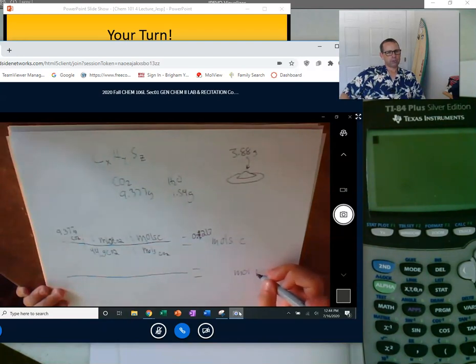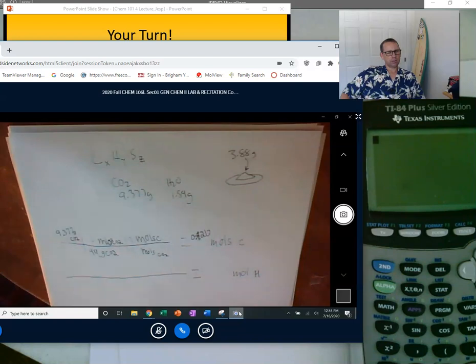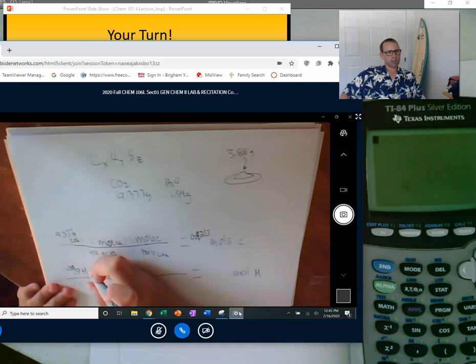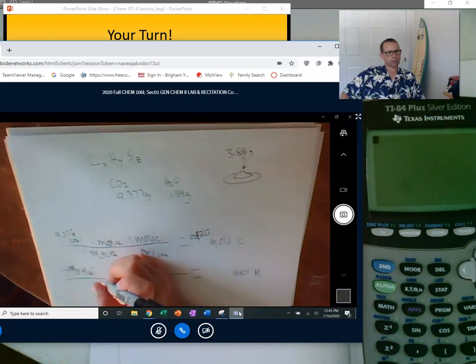Very good. We're going to find moles of hydrogen. And we're going to start with what? 1.59 grams of the water. Very good. We have grams of water down there. Excellent.